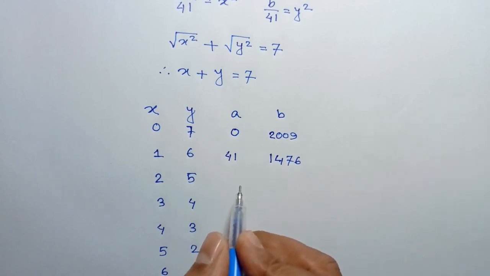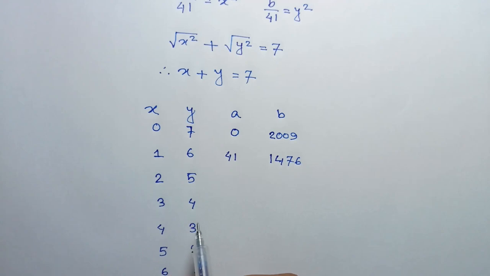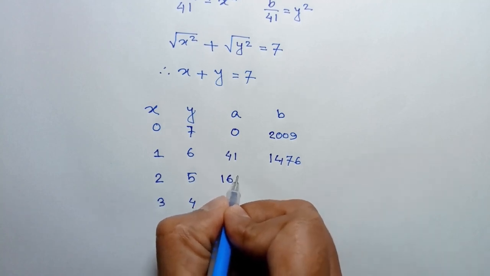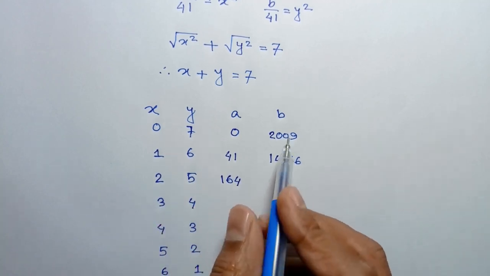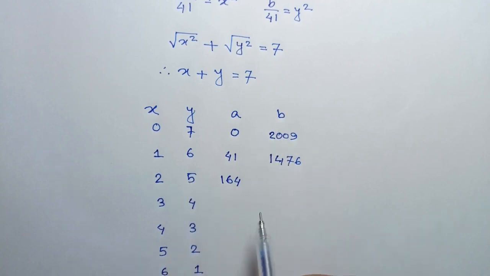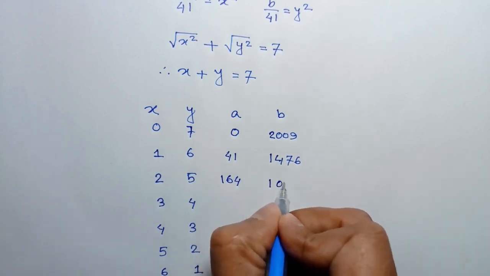And for y is equal to 6, the value of b will be 1476. And when x is equal to 2, then 2 square means 4 times 41 is 164. And when y is equal to 5, then b is equal to 5 square, 25 times 41 is 1025.